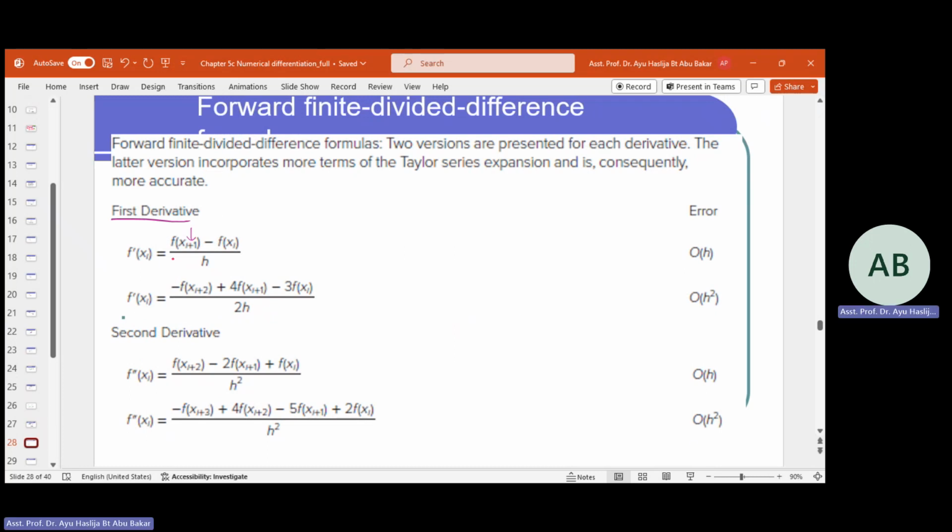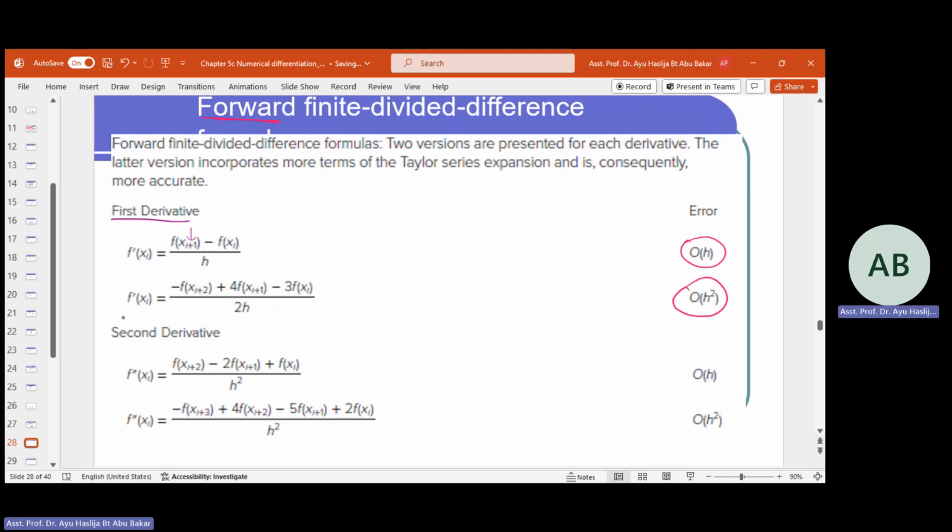Okay, this is the summary of the equations for first derivative and second derivative of forward. Now, what I want to highlight over here is forward on first derivative. You will see the error has level O(h) and level O(h^2).